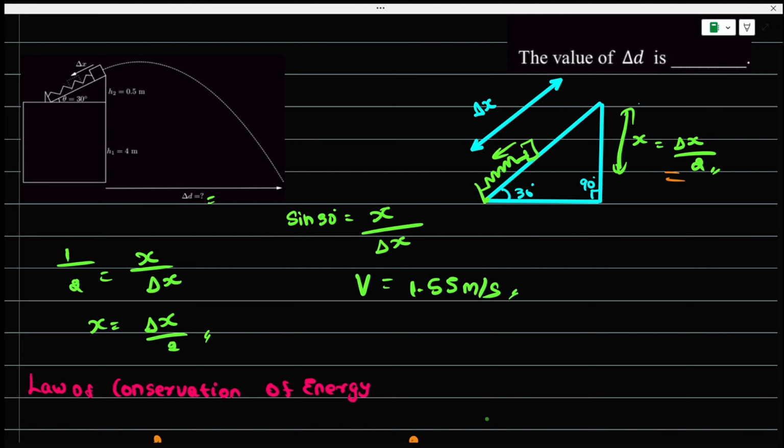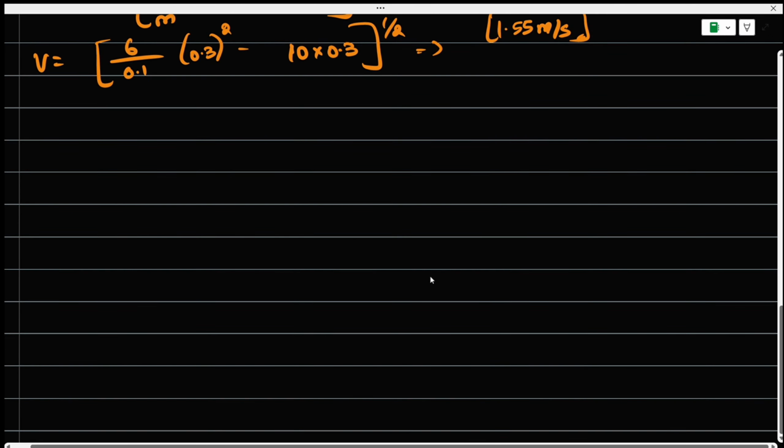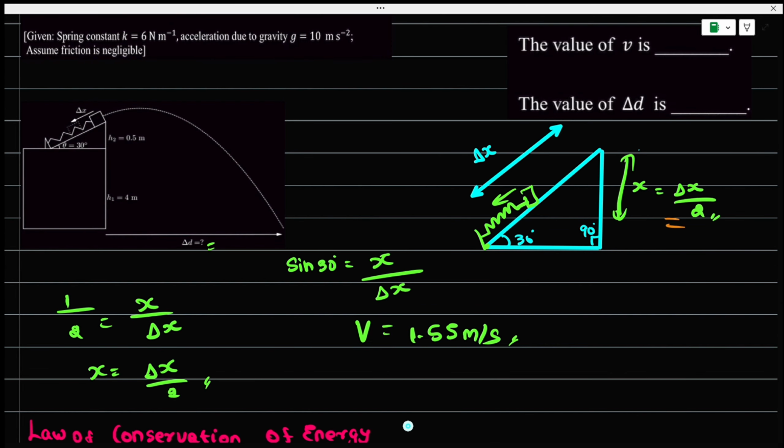Since this is a horizontal distance, we need to calculate the time of flight. To calculate the time of flight, we have a formula in kinematics that h is equal to ut minus half of g t square. Since the block leaves the ramp, it has a velocity v. Since this is the velocity vector, let's split this.